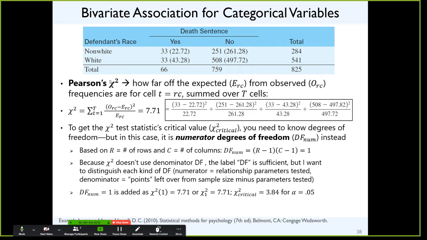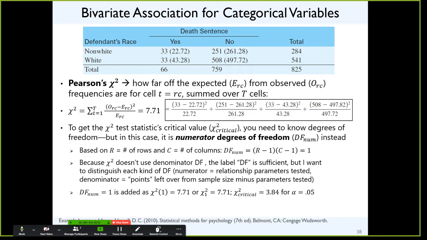This is a summary of all of the discrepancies between what you actually got versus what you were expected to get if there is no association. So it is the observed number of people in each cell minus the expected number in each cell, squared. Can you guess why we're squaring it?